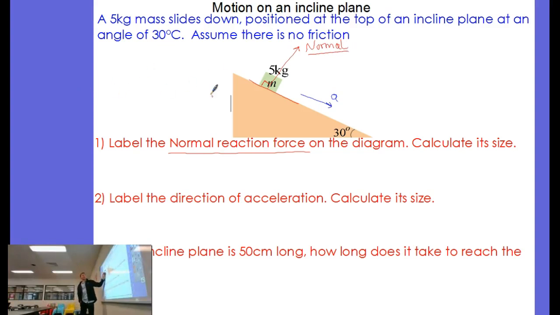Now, what's the angle between the normal reaction force and the acceleration? 90 degrees, absolutely. And that's good because this can help us identify a little orientation of forces, and we can identify which way is the positive direction in the parallel or perpendicular path.